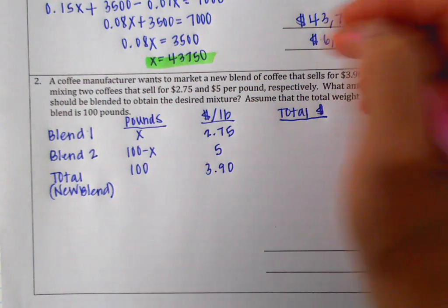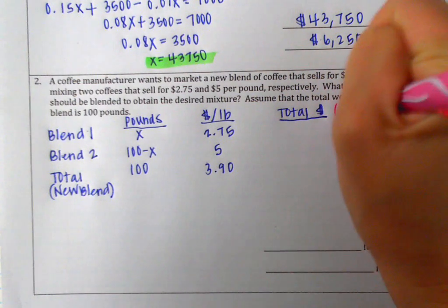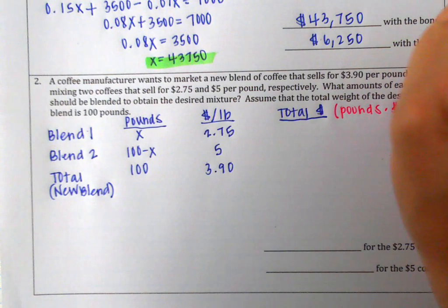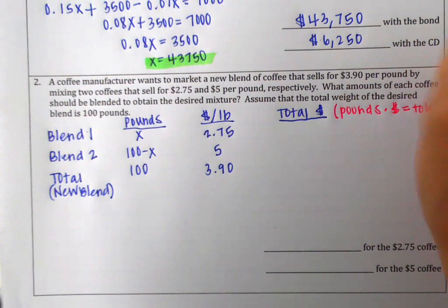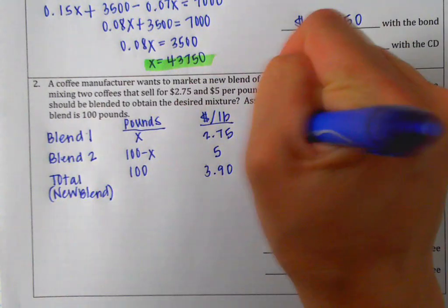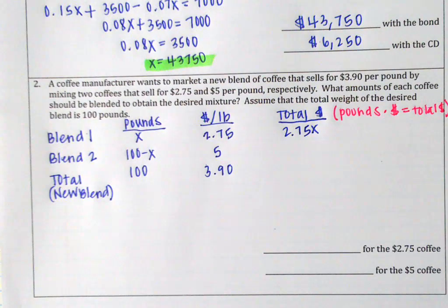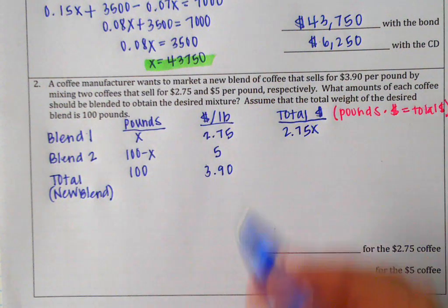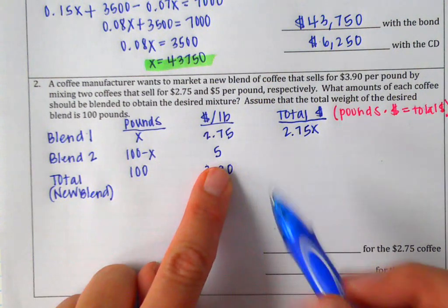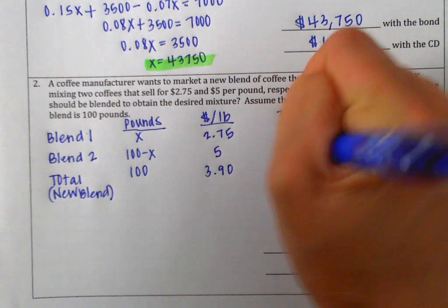You're going to do pounds times the dollar amount to equal the total dollar amount. So with this one, it's X times 2.75, or 2.75X. With this one, we're going to multiply 100 minus X times 5, but I'm going to put the 5 on the outside because it has to distribute.